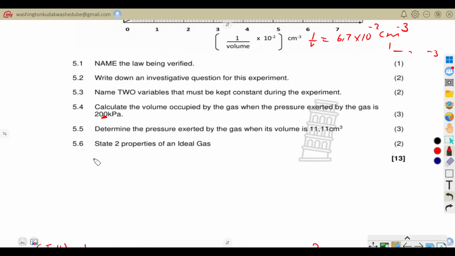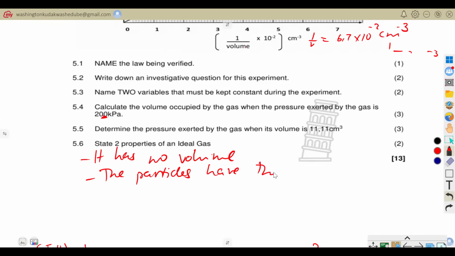So for an ideal gas, we say that it has no volume, or else that the particles have the same speed, since we know that from Brownian motion gas particles are always in motion, and that motion would be of the same speed.